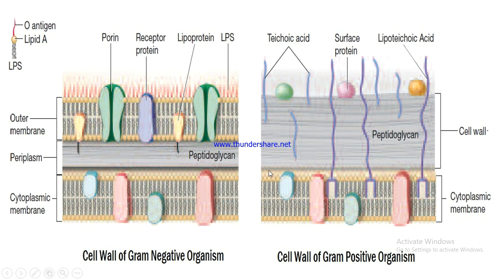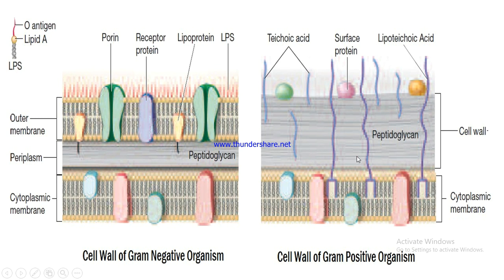Lastly, when we add the decolorizer, which is alcohol, the peptidoglycan layer shrinks, and whatever pores are present in this layer get clogged. So there is no way for release of the crystal violet which is fixed inside their cell wall.